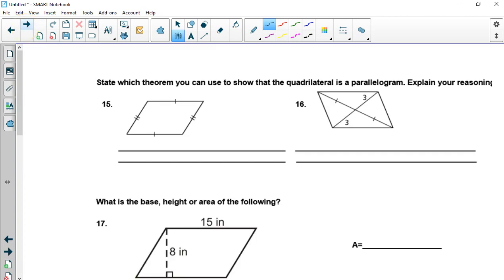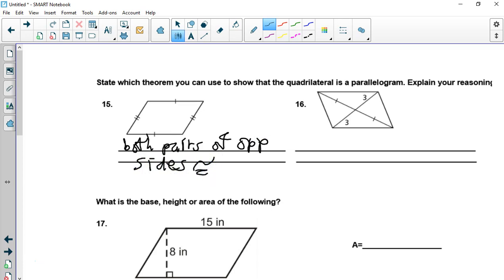Okay, the back side. Which theorem can you use to show that this is a parallelogram? You don't have to memorize the numbers per se, as long as you can describe what's going on. The reason this is a parallelogram is because both pairs of opposite sides are congruent.